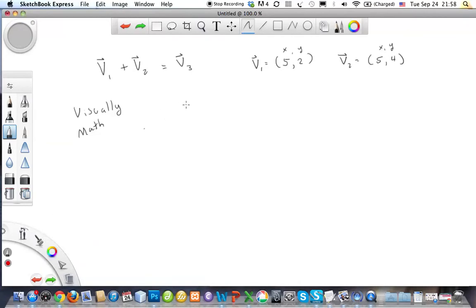So vector 1 is equal to 5, 3, plus vector 2, which is going to give us 5, our x component, and a y component, 4.